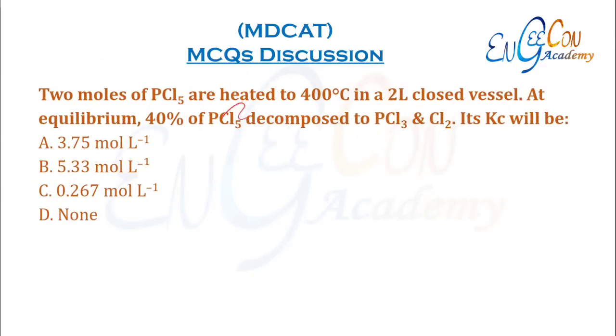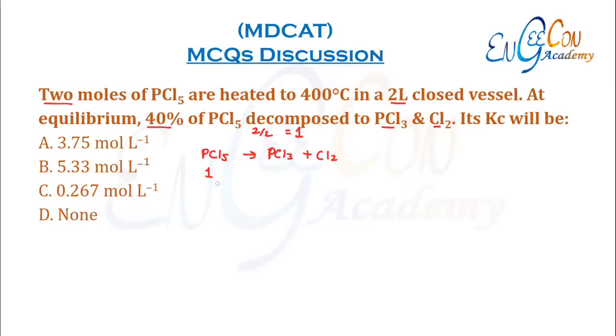2 moles of PCl5 are heated at 400 degrees centigrade. So PCl5 is heated and we get PCl3 and Cl2. At equilibrium, 40% of PCl5 decomposed to PCl3 and Cl2, its Kc will be. So 2 moles are taken in 2 liter. So 2 divided by 2, the concentration of PCl5 is 1.